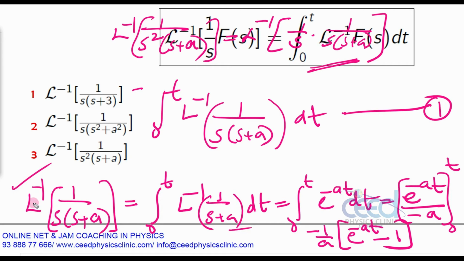Okay, so you can calculate this using this formula. And this Laplace inverse of 1 by s into s plus a, that I can substitute here. This second result I am going to substitute in the first result.